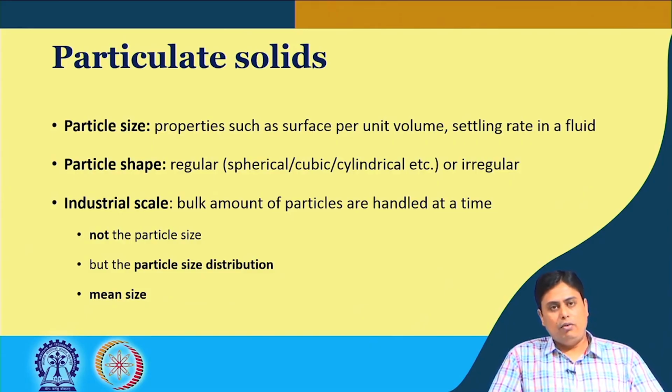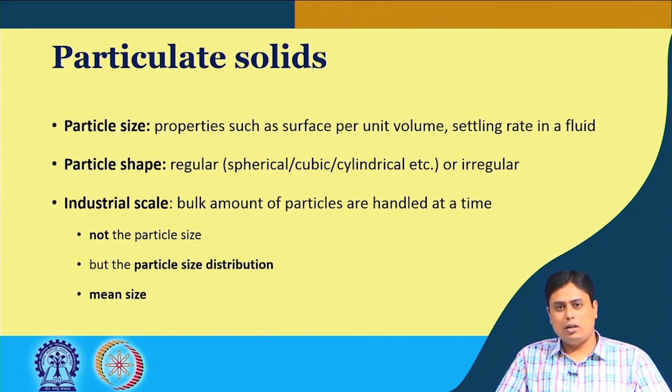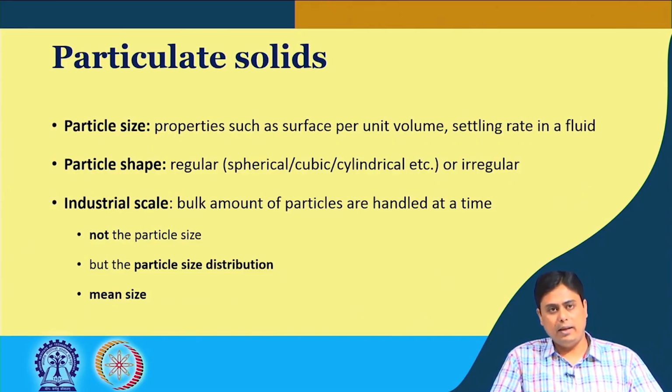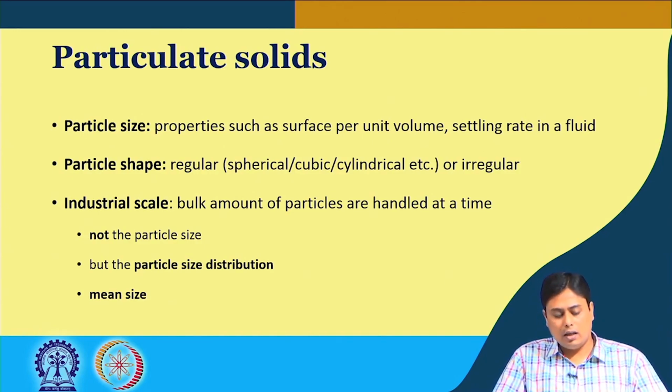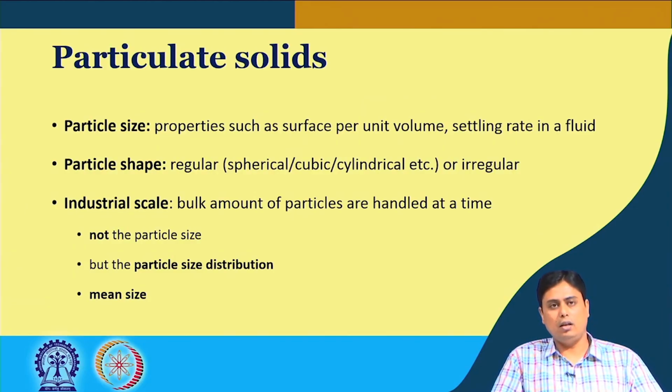And then if you get the particle size distribution, statistical average mean sizes can be obtained, which can give you a representative idea of what sizes are available in the case of an industrial scale sample.